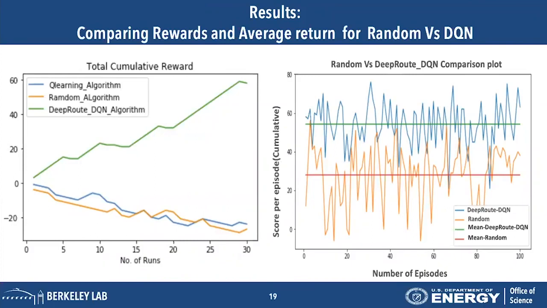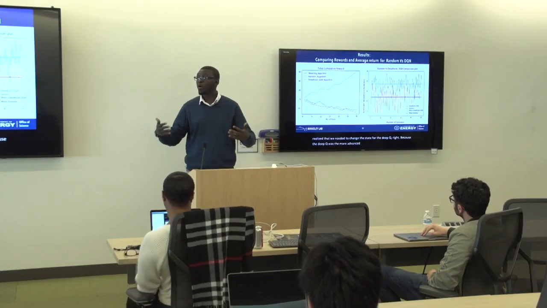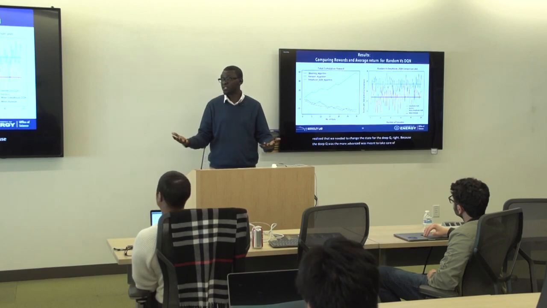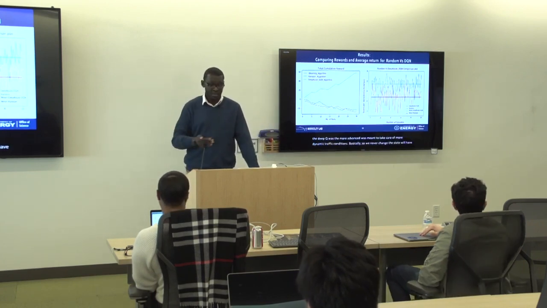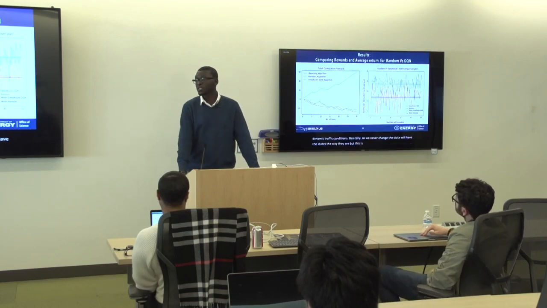Yeah, exactly. I knew you were going to ask me that question. We had the same state, but after running the experiment, we realized that we needed to change the state for the deep Q, because deep Q was more advanced and meant to take care of more dynamic traffic conditions. But we never changed the state. We left the states the way they are.